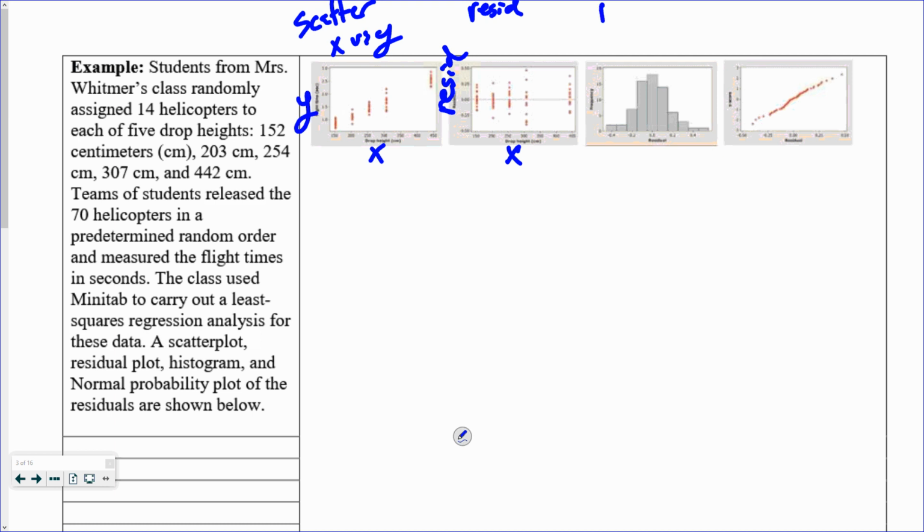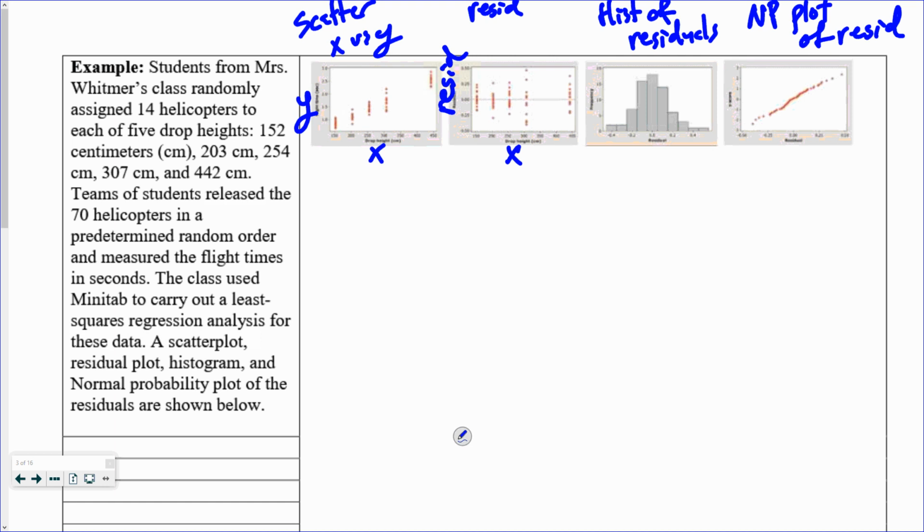This one is a histogram of residuals, and this one is an NP plot. Recall, NP is normal probability. If we have a linear normal probability plot, that suggests the data is distributed approximately normally. So that's an NP plot of your residuals there.